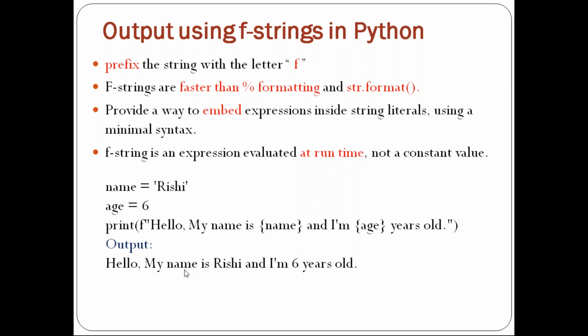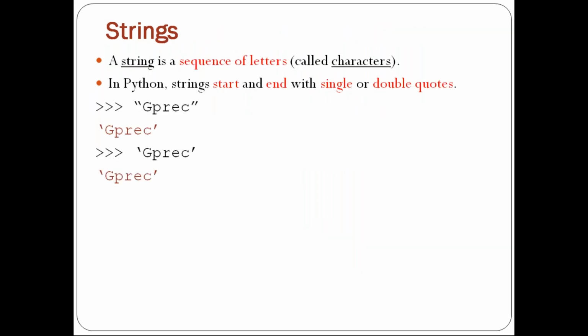So we will be getting hello, my name is Rishi and I'm 6 years old. So we are embedding the expression in the string literal, so that it will be faster as compared to the string modulo approach as well as the string format approach.